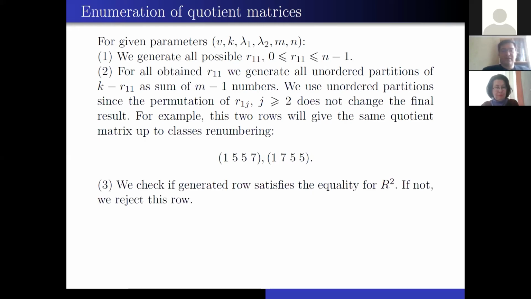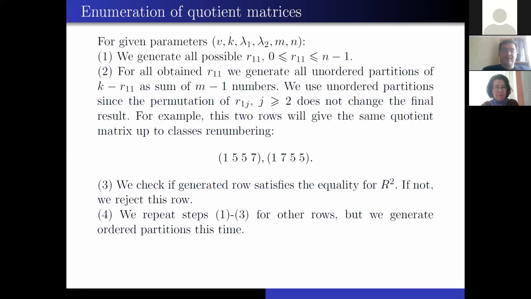We check if the generated row satisfies the equality for R squared. If not, we reject this row. We repeat steps 1 to 3 for other rows, so the second row, third row, and so on. But we generate ordered partitions this time because we cannot be 100% sure whether we have the same matrices up to class numbering or not.